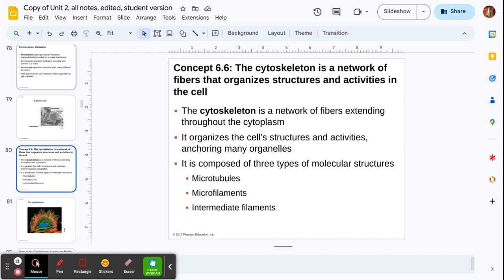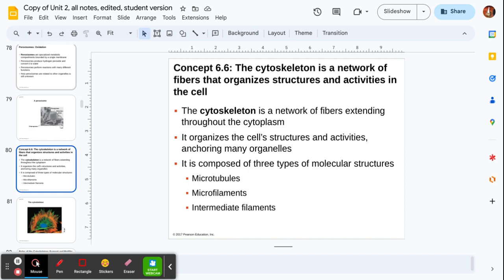So it's important to have those organelles anchored in place, because the water is going to move around, and if the water moves around, the organelles will too. Then one organelle goes to contact a different organelle and it can't, because it's not where it was supposed to be. It's moved. So the cytoskeleton keeps those in place.